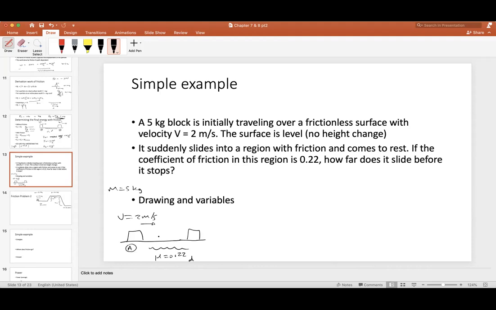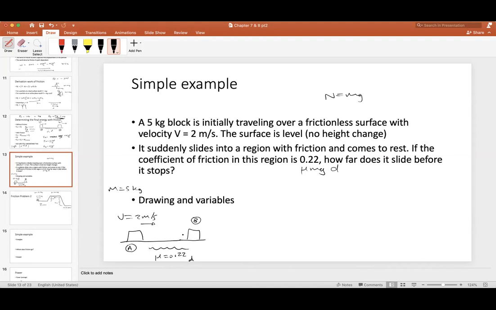So we're going to choose A to be our energy before it hits friction and B to be our energy once it stops. The only variable we care about here is we're going to need to write mu mg, because N is mg on a level surface, times d, that'll be our work of friction.